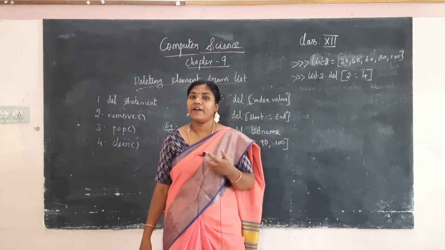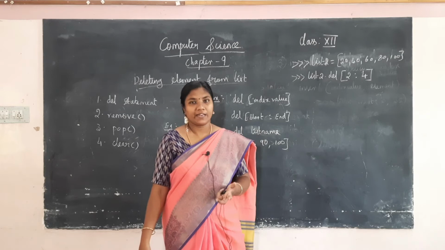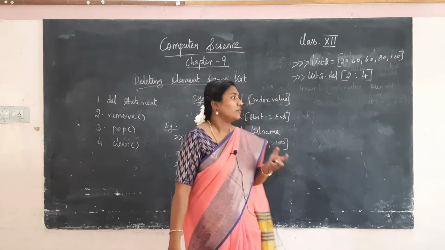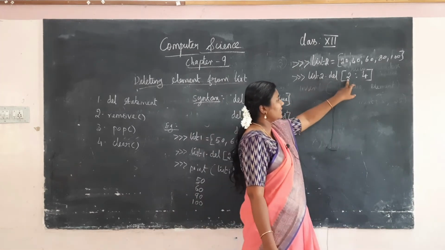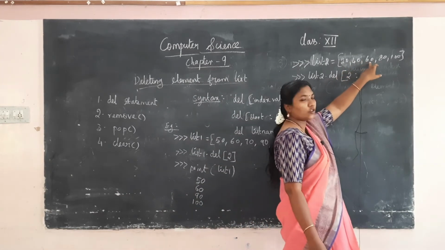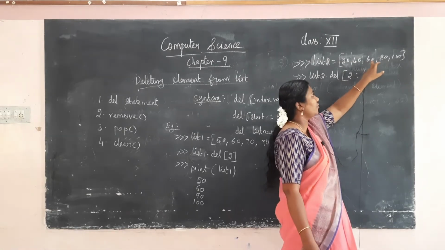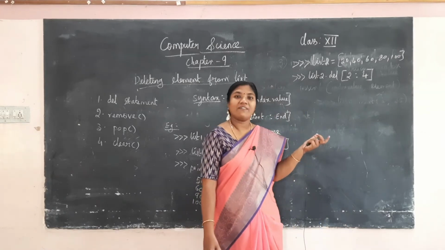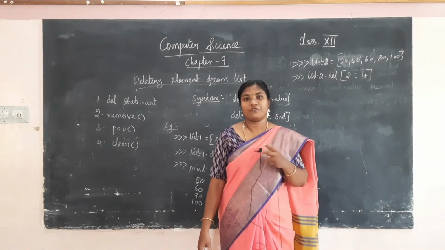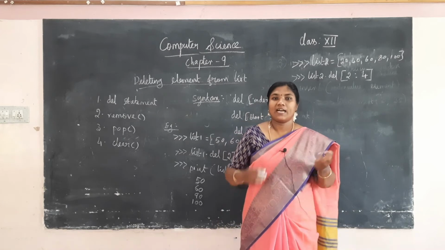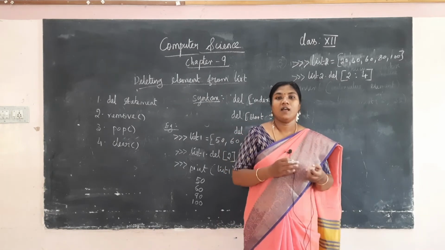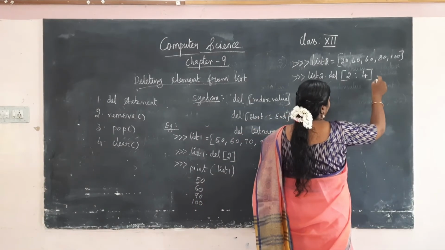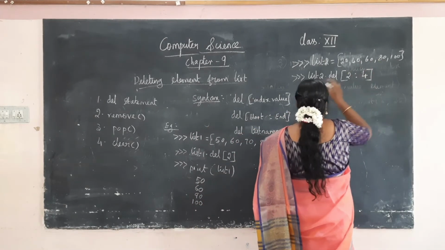So now I have given a start value and an end value because I am going to delete more than one element from a list. What is the index 2? 0, 1, 2. So it will start from 60 to 3 here. One thing you should note: Python takes the end value as the given upper limit minus 1. So here 4, therefore 4 minus 1 is 3. So therefore indexes 2 and 3 will be deleted.